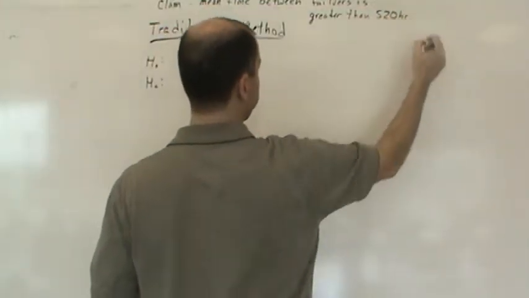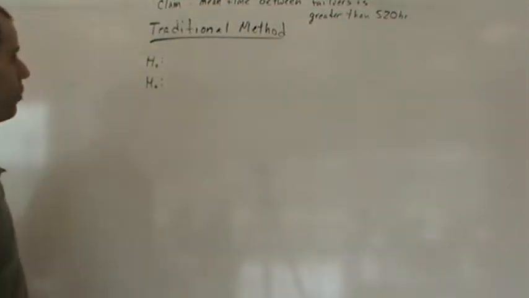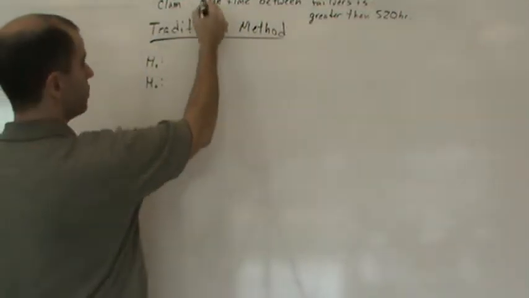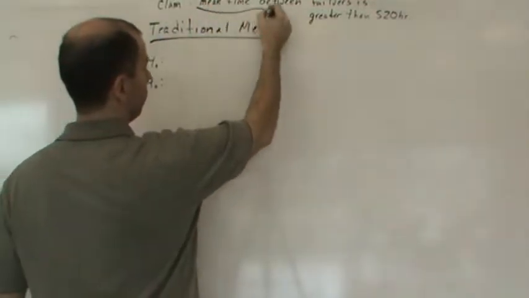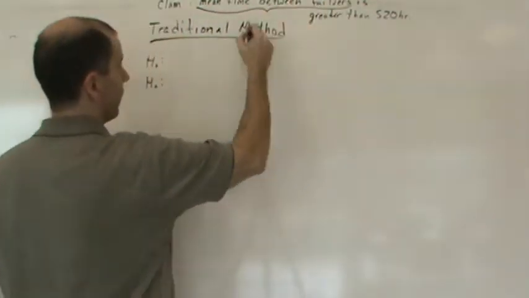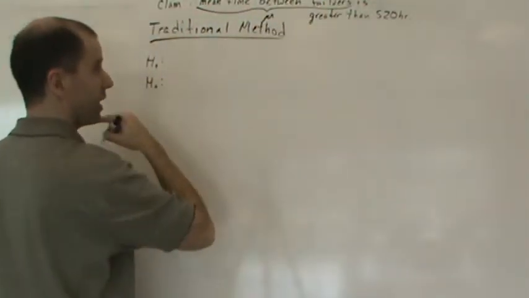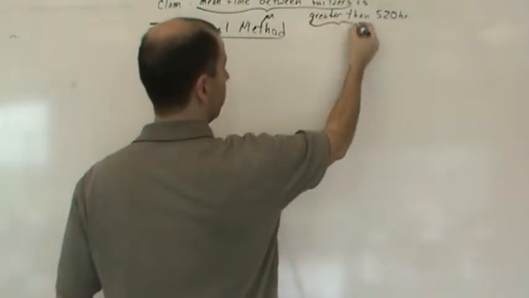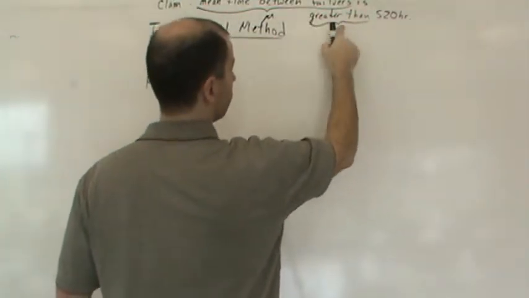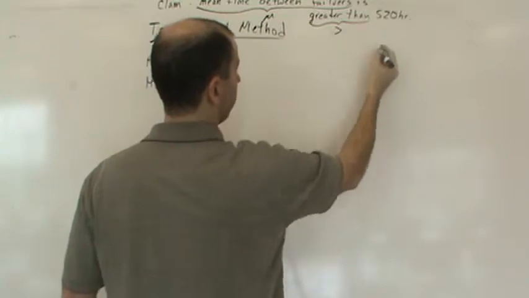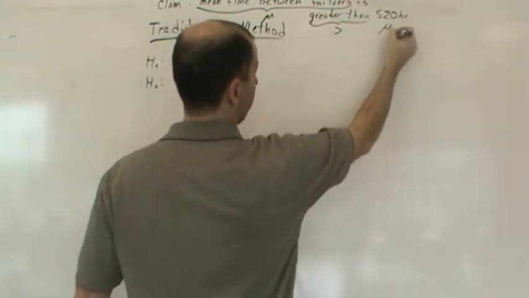520 hours. So how does this translate? The average time between failures is mu, and they're saying this is greater than 520.